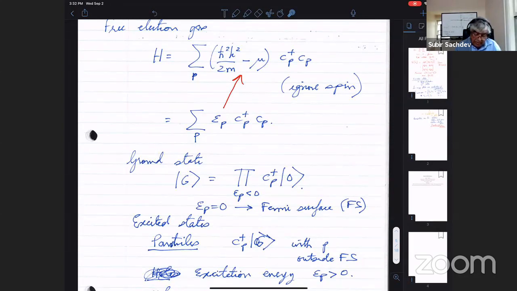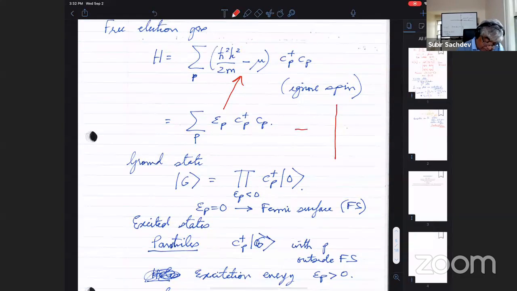So this introduces a boundary between the occupied states and the empty states, and that's what's called the Fermi surface. So if I draw the momentum p here, px, py, then there's a surface, in this case just a circle, where epsilon p is 0.